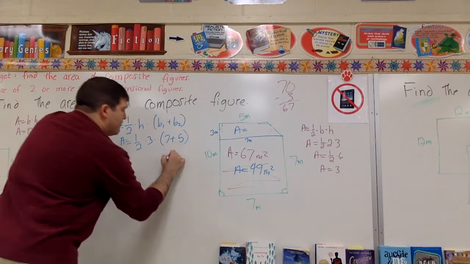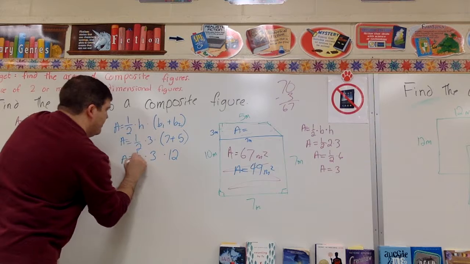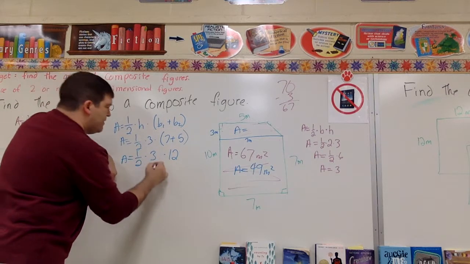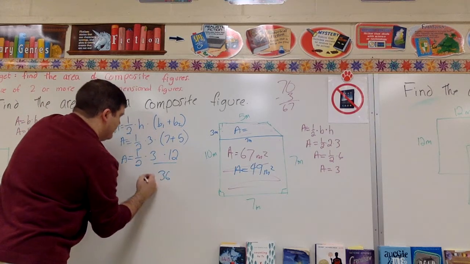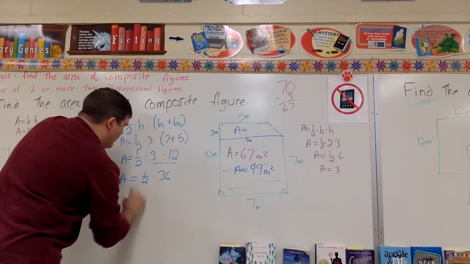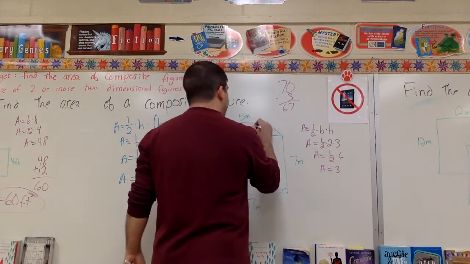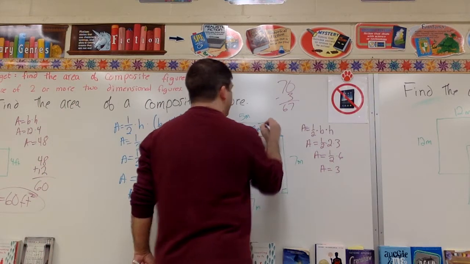I do my parentheses first. Bring everything else down. Now I can do these. That's 36 times 1/2 equals area. And 1/2 of 36 is 18. So this is 18 meters squared.